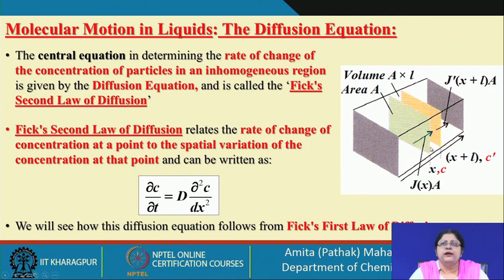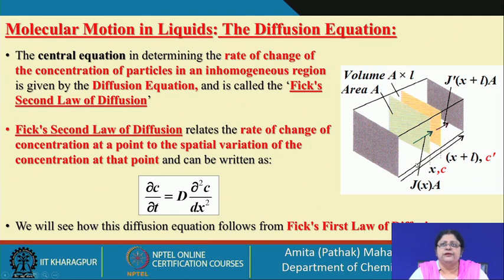So, if this is my area of interest, this is the window in which we are looking into having an area, and the length of this unit is l, and this distance which we are traveling was initially x, and now this new point is going to be x plus l. The concentration at this point, let it be c, and the concentration at this point, let that be c prime.